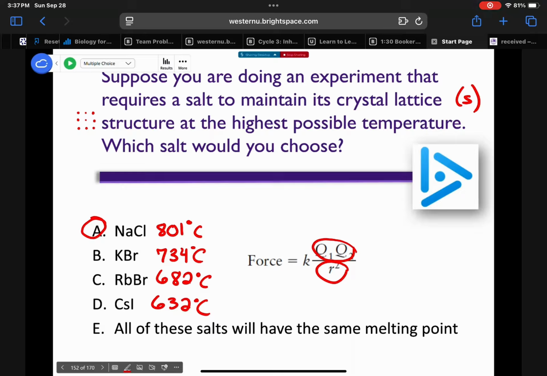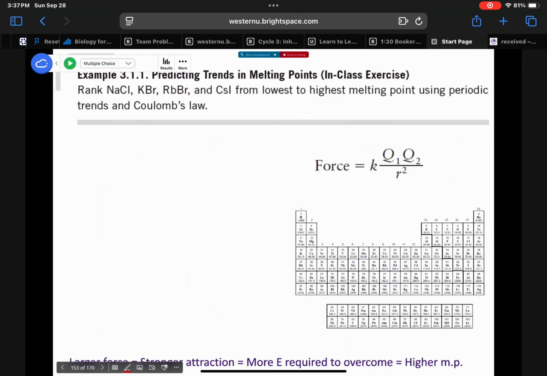Well, sodium chloride is made up of sodium cations and chloride anions. Potassium bromide, cation and anion. Rubidium bromide, a cation and anion. And cesium iodide, again, a cation and anion.